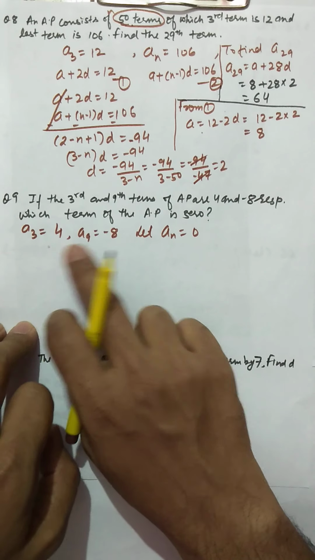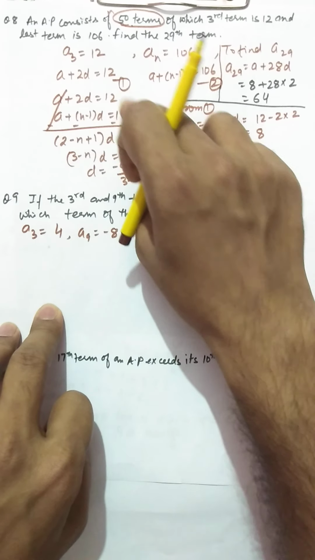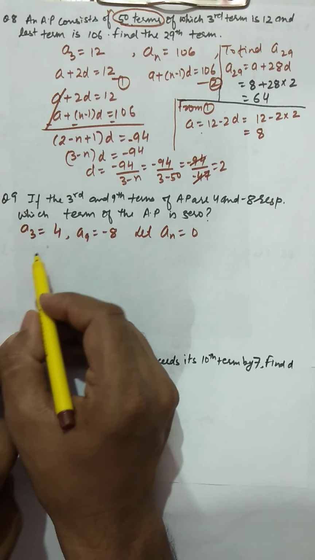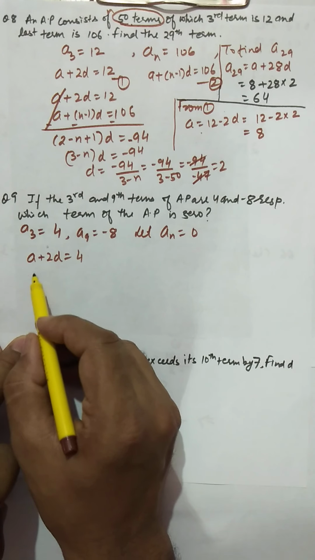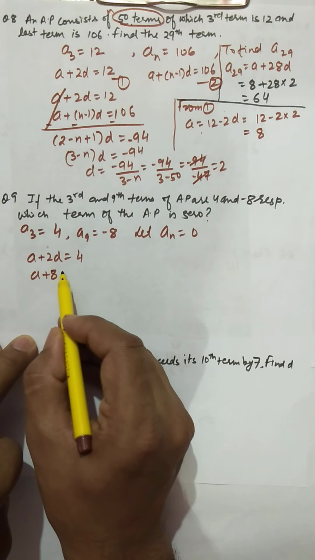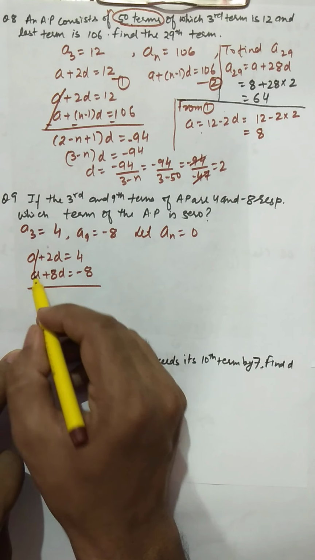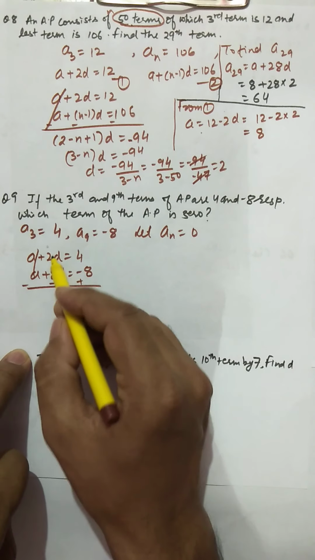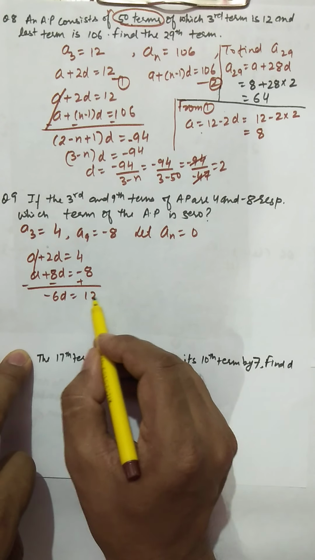So now it's up to us how we can find a or n, like this we have found here. So we can write that a3 is a plus 2d, this is going to be 4, a9 is a plus 8d, this is minus 8. You subtract, so this minus, this is minus, this is plus, so this is going to be minus 6d and this is going to be plus 12.